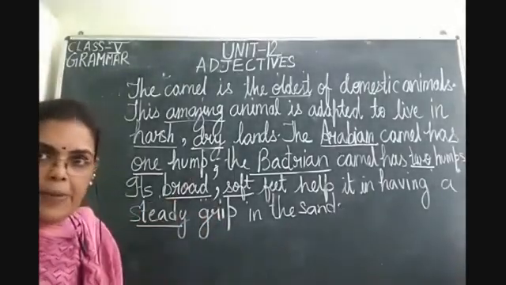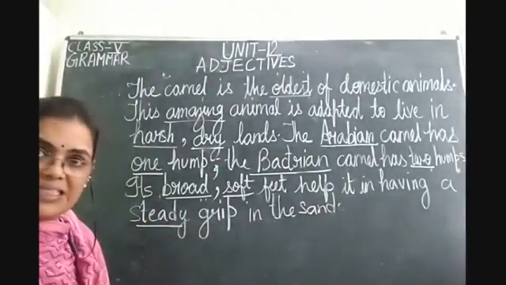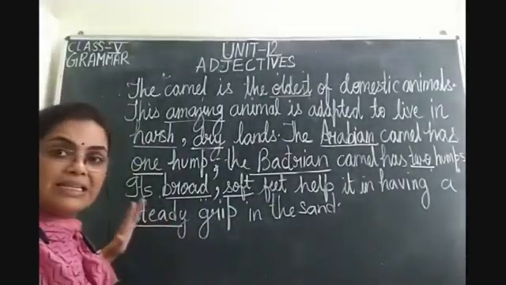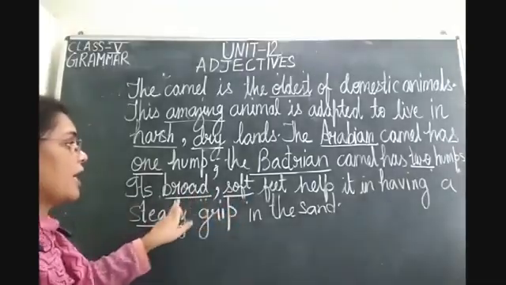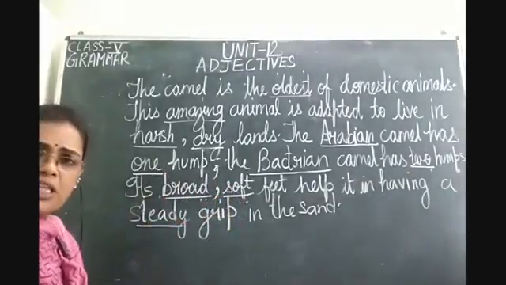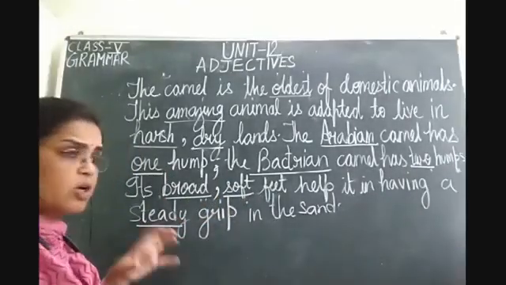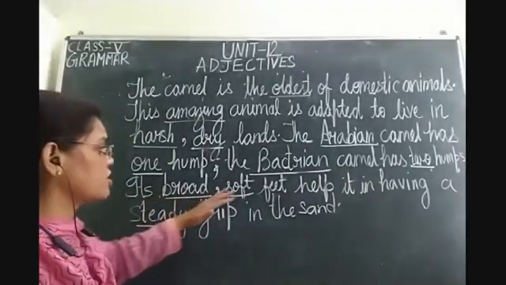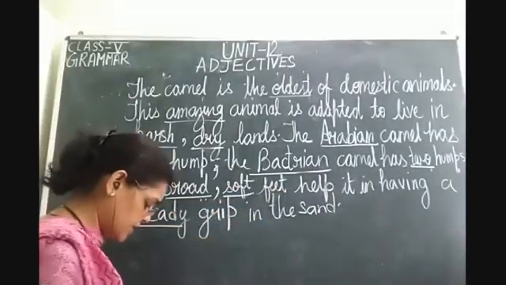Steady means stable, and grip means कि stable grip, sand में disbalance नहीं करता है. That means steady means stable. So in this sentence the adjectives are broad and soft. बेटा generally जितने भी आपके words जिनके antonyms होते हैं, they are all adjectives because they describe a particular thing. So its broad soft feet help it in having a steady grip in the sand.